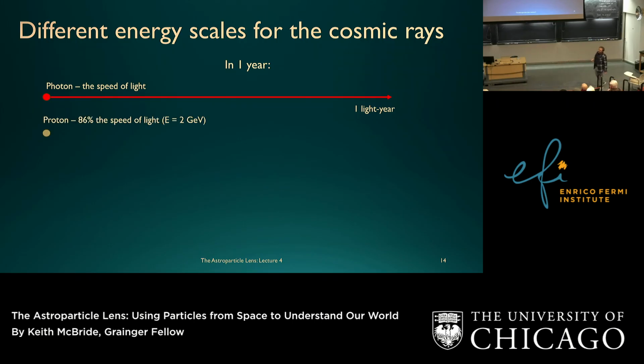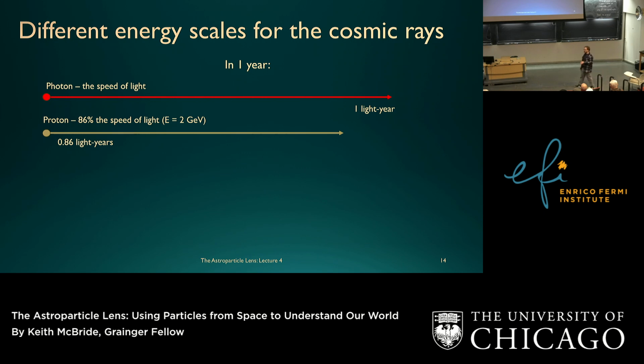If you took, around that same time, the highest energy cosmic rays they knew about, giga-electron volt scale, for example, 2 giga-electron volts in a proton, it goes 86% the speed of light. So from the standpoint of the Earth, if you had fired that proton at the same time, it would go 86% of a light year, right?